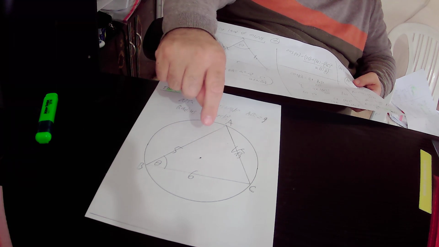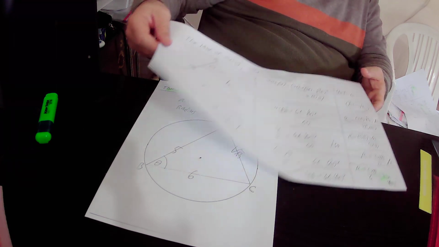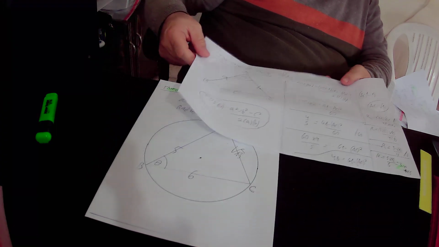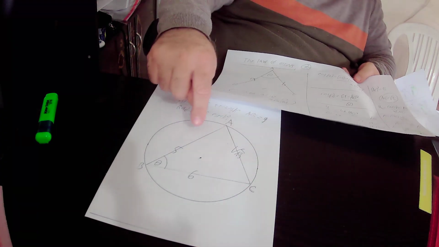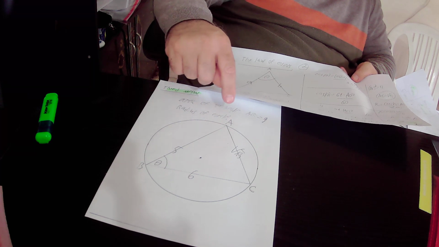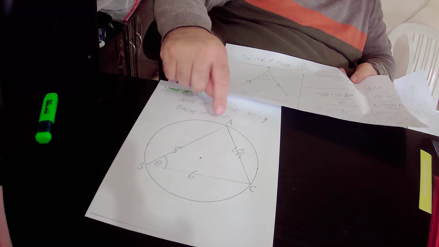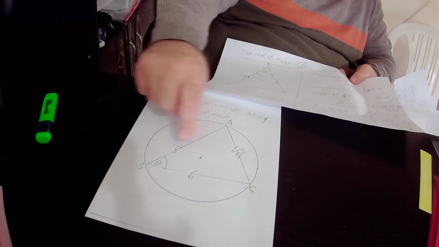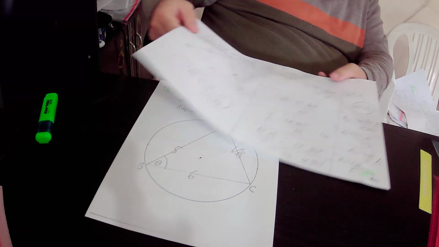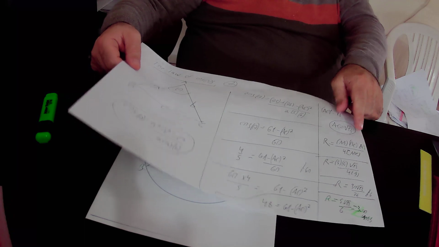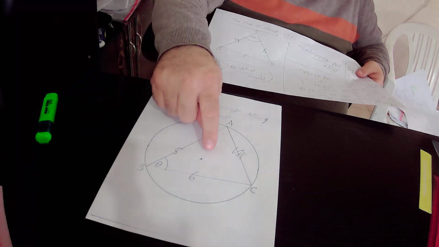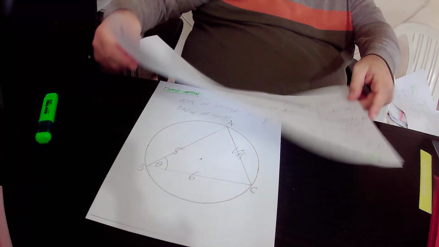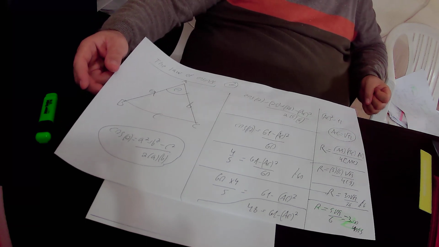So here the radius of the circle that circumscribes triangle ABC will be equal to the multiplication of the sides of triangle ABC, that is, AB times BC times AC, over 4 times the area of triangle ABC.